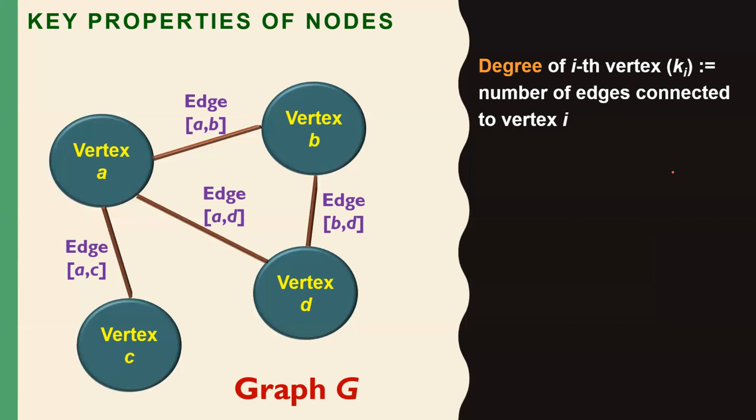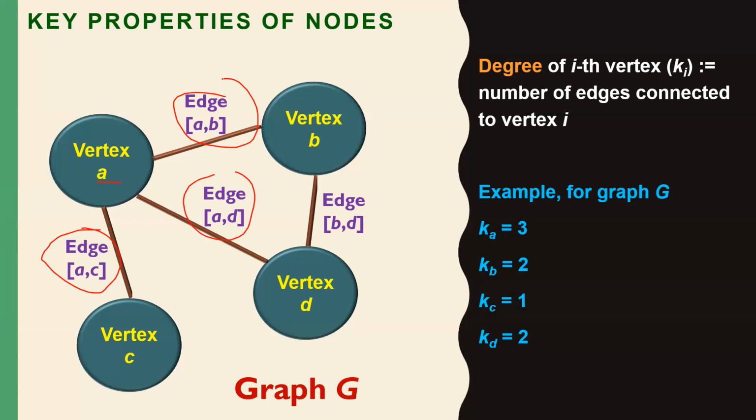The degree of a vertex is the number of edges connected to the vertex. So if I want to compute the degree of vertex A, I simply need to count how many edges are connected to vertex A. In this particular case, we have edge AC, edge AD, and edge AB. So we can conclude that the degree of vertex A is equal to 3, right?